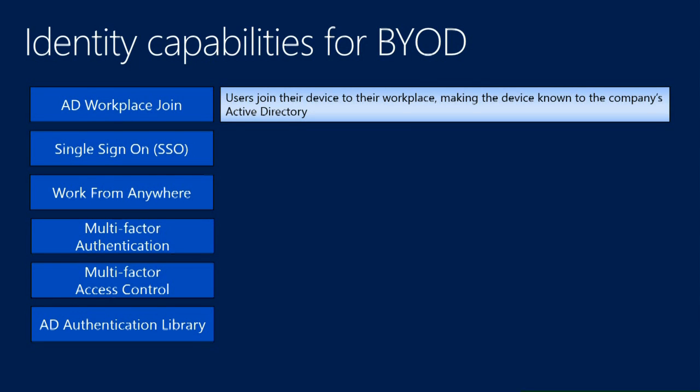Now, the third benefit is that once you know it's your device, so many things light up as a result. As an IT admin, you can restrict access to resources only to Workplace Joined devices. What does that mean? When you're thinking about working from anywhere and from the internet, this gives you the ability to limit access to your resources just to devices that are known to you.